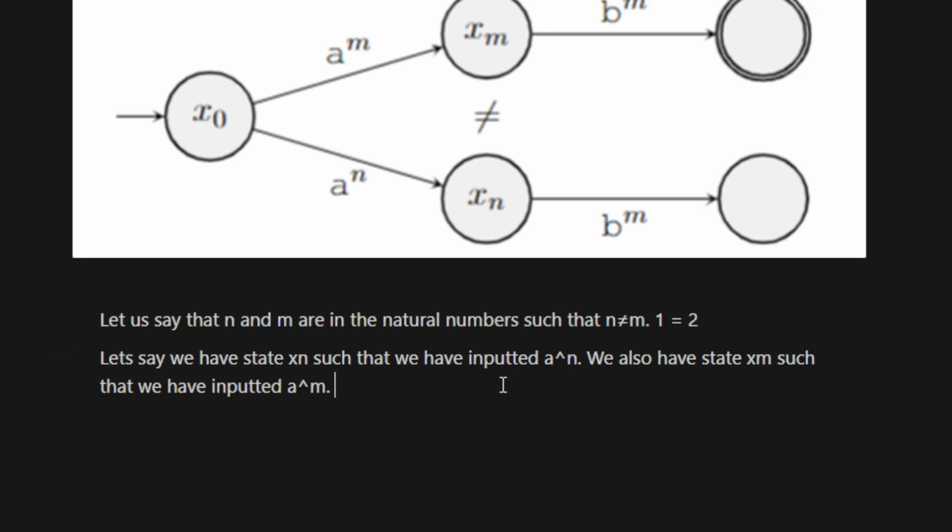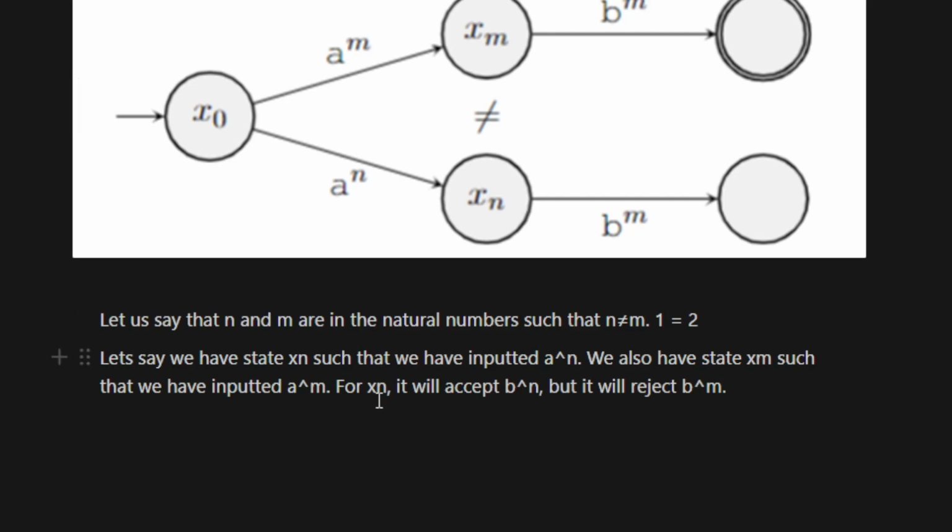So let's say we have that, and then we can say that for xn, it will accept b to the power of n, but it will reject b to the power of m, because obviously we need n b's when we accept n a's, or m b's when we accept m a's.